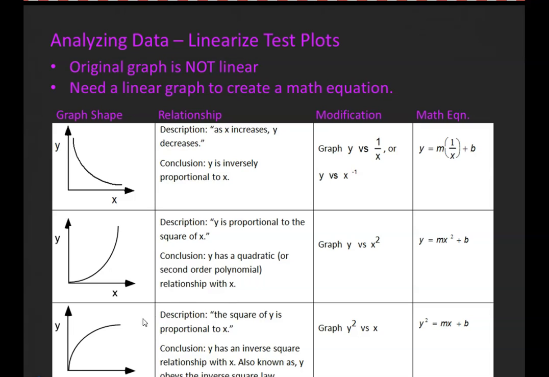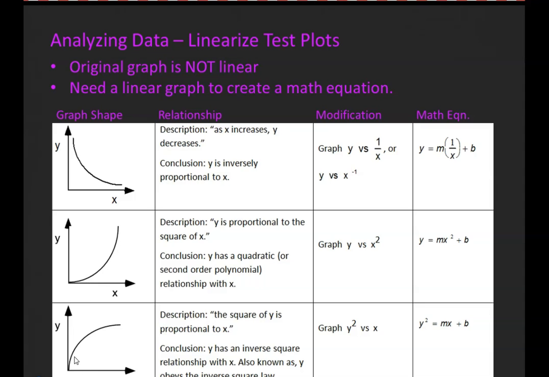Our last curve is one that's increasing from left to right, but the increase is getting slower. It is concave downward, as opposed to the previous curve, which is increasing left to right but is concave upward.